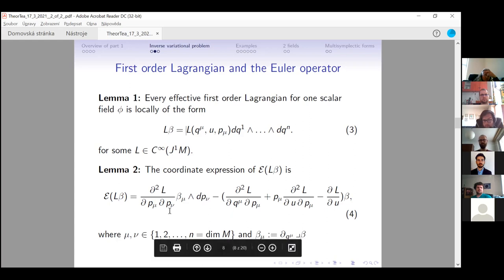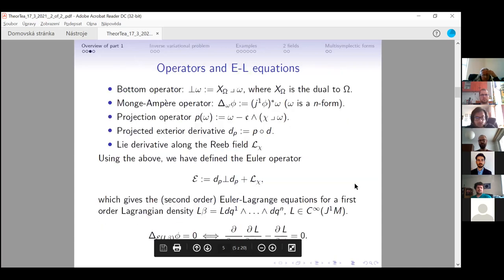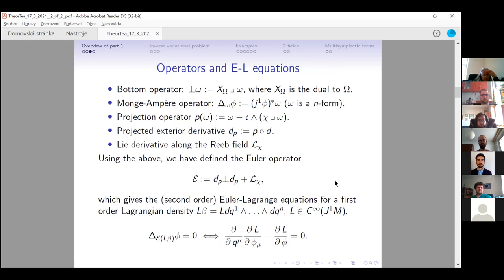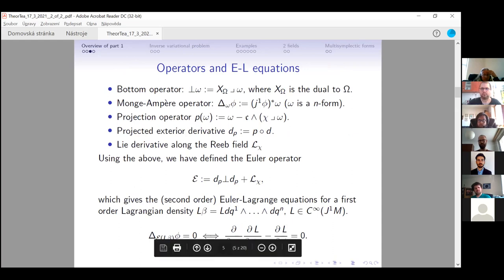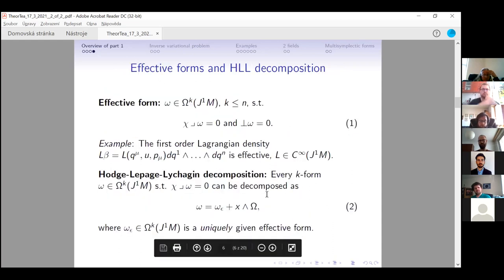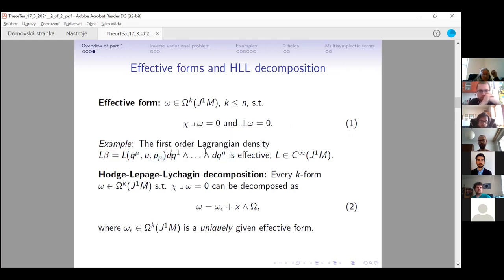So this epsilon L beta, which we saw once again, satisfies this nice property: it is the most general thing that will produce first order Lagrangians down on M. So we can fix to this simple n form, L, a function on J1M, times dq1 through dqn.